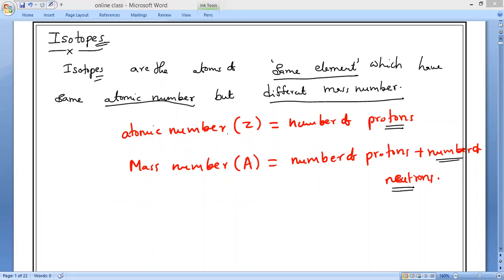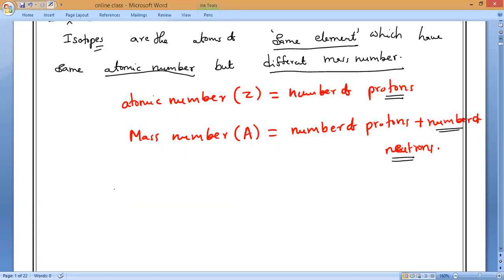Now, the word isotope is actually taken from a Greek word. All of you remember, iso is a Greek word. Iso means same. What do you mean by tope?